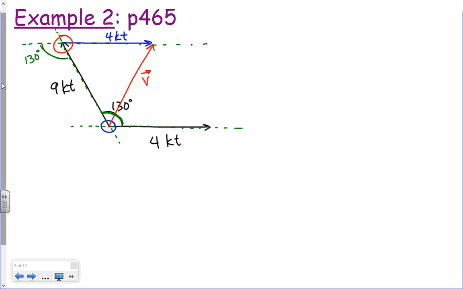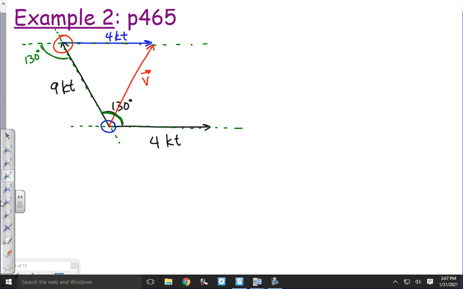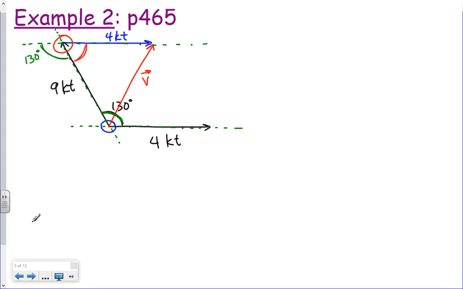And if that's 130 degrees, again because of the straight angle that I see there, I can measure this angle right here that's opposite my vector v that I'm looking for, and that must be 50 degrees. The sum of these two has to be 180 degrees, so 180 minus 130 gives me 50 degrees. Again, we can find the measure of that angle. Just carefully analyze the sketch that you've got there.